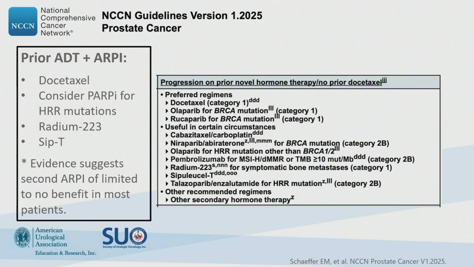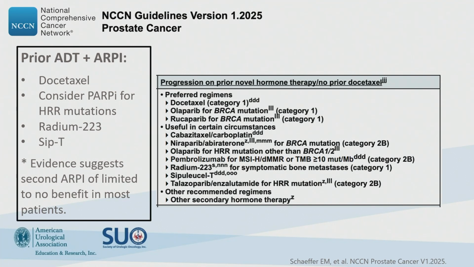To blow out the progression on novel hormonal therapy after patients have had ADT and an ARPI, our options include, of course, chemotherapy, and a PARP inhibitor for HRR mutations, which is generally going to be a single agent PARP inhibitor unless we think we're going to switch that AR pathway inhibitor and use a different combination, or perhaps we'll continue our AR pathway inhibitor and add on our PARP, but that's not necessarily per guidelines here.